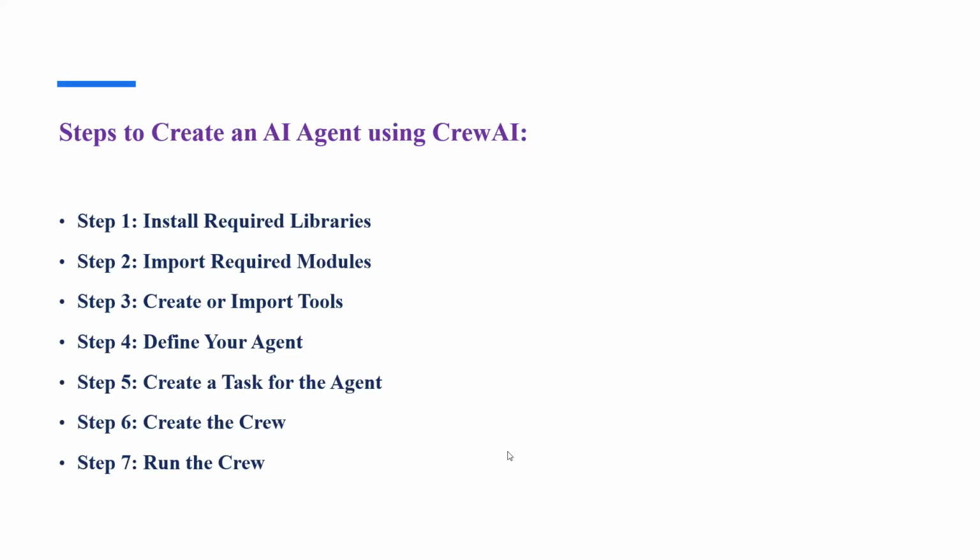What the crew does is gather all tasks and all agents together and provide a very specific answer to us. And the final step is to run the crew. After running the crew, it will provide the output. Whatever question we ask, whatever agent we define and task we give to that AI agent, accordingly it will give an answer to us.